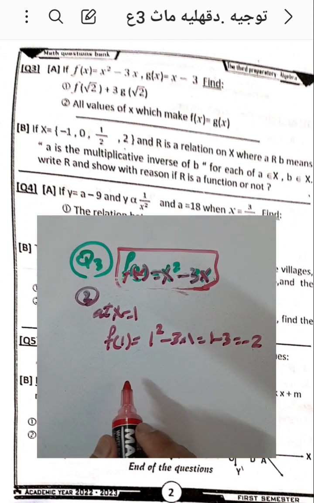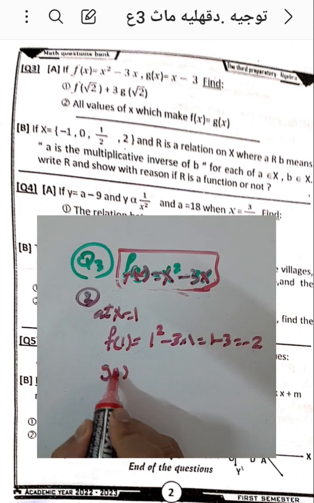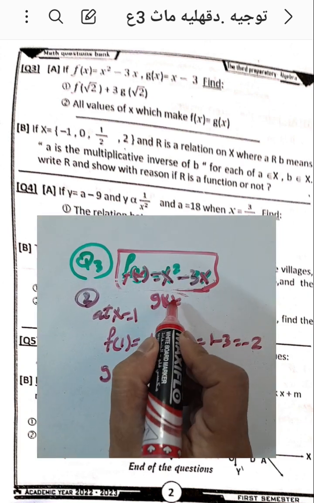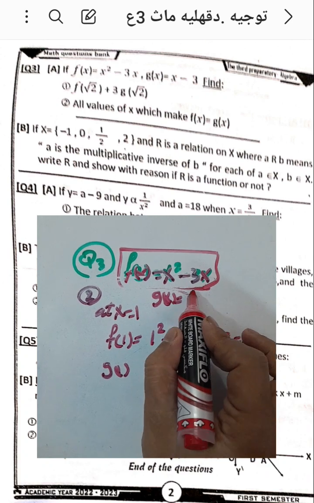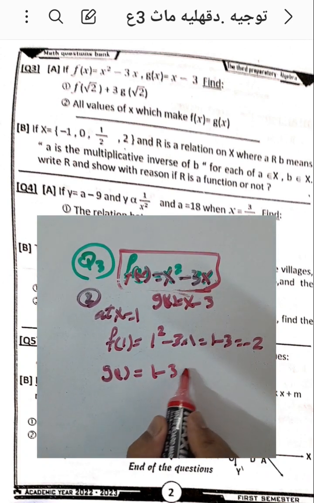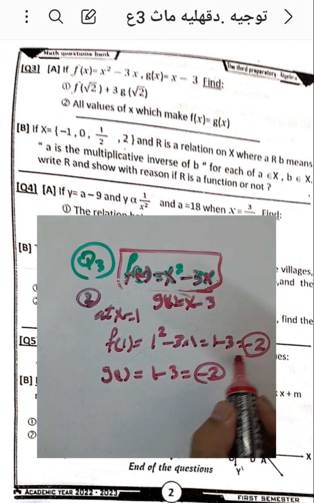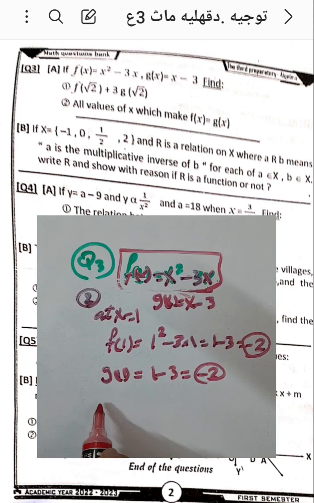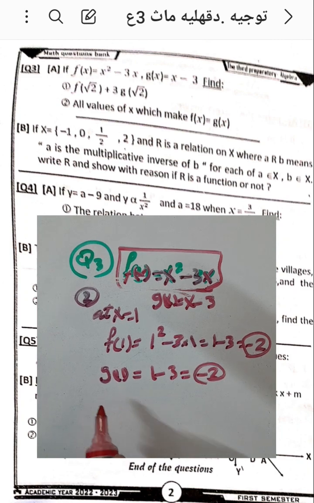And g of 1, we have g of x in this example as x minus 3, put x equal 1 here, 1 minus 3, it will be negative 2. Then f of 1 equals g of 1.